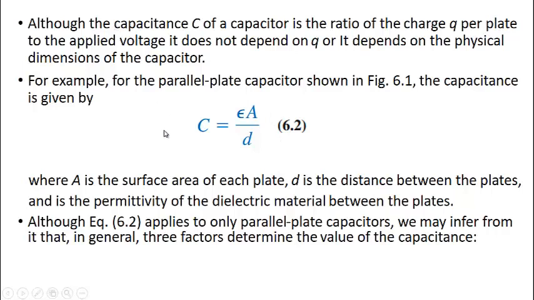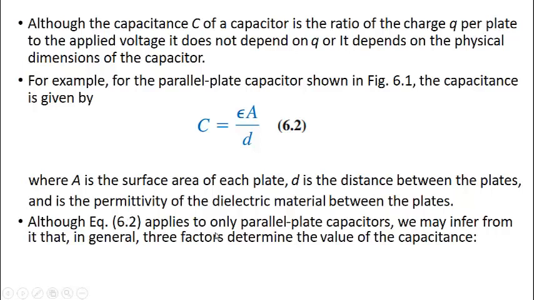Although capacitance is the ratio of the charge per plate to the applied voltage, it does not actually depend upon Q or voltage. It depends upon the physical dimensions of the capacitor. The capacitance is given by epsilon A by d, where A is the surface area of each plate, d is the distance between the plates, and epsilon is the permittivity of the dielectric material placed between the two plates.